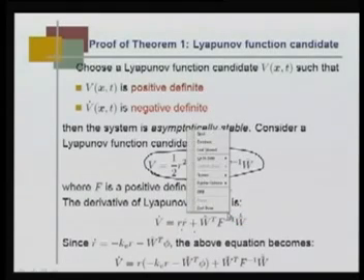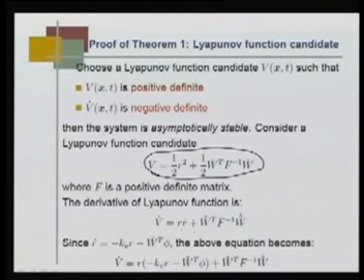This is my Lyapunov function, and I am differentiating it with respect to time. This F is some positive definite matrix; you do not have to worry about that, you can take any positive definite matrix, even the identity matrix will do. Since R dot is minus k v r minus W tilde transpose phi, which we have already derived, the above equation becomes V dot is R times minus k v r minus W tilde transpose phi.